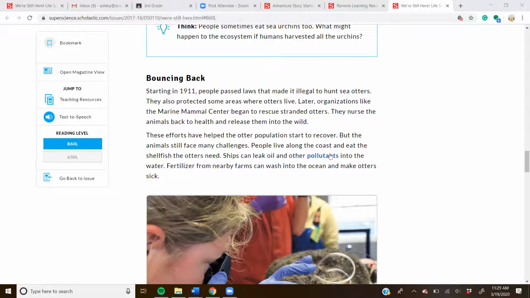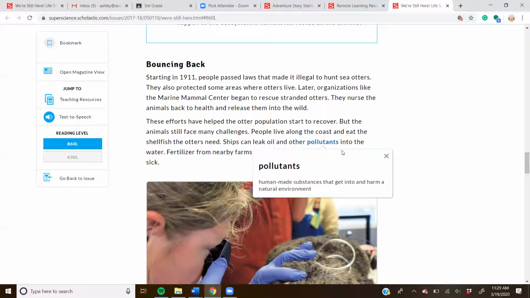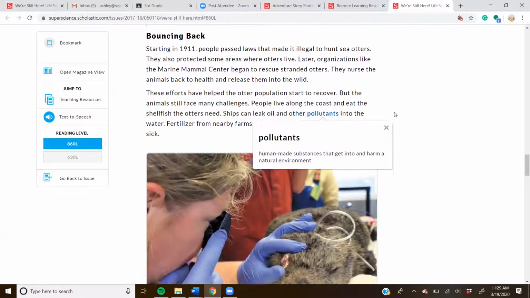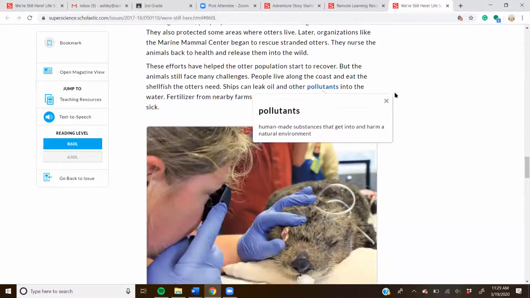Oh, all right. And Brooke, do you know what a pollutant is, or can you read it for us? Yeah, it's like plastic. Mm-hmm. Are pollutants good for our environment or harmful? They're really bad for the animals because then they can die.